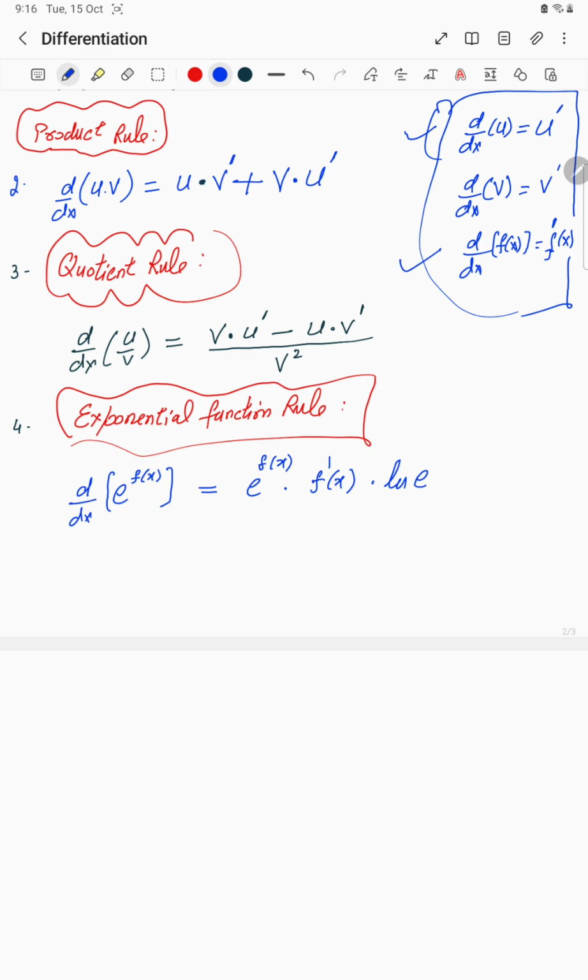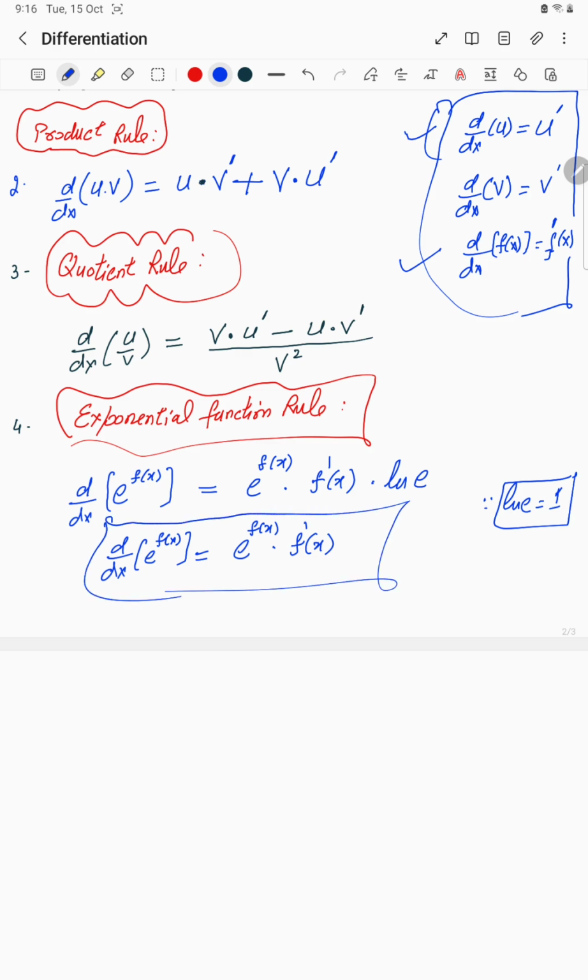The base is e, and you know the natural log of e is always 1. So we can finalize this rule as e raised to power f of x times f prime of x. So this is the rule whenever you need to differentiate any exponential function. I'm going to highlight this.